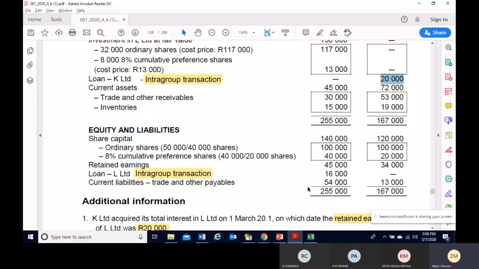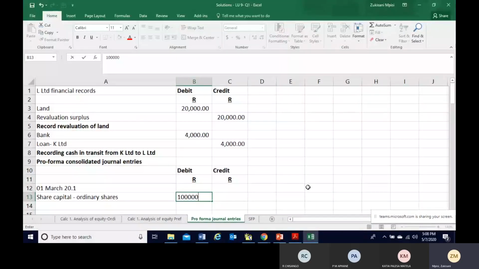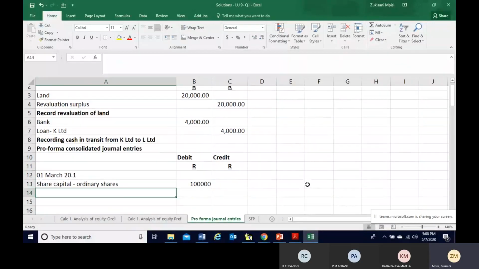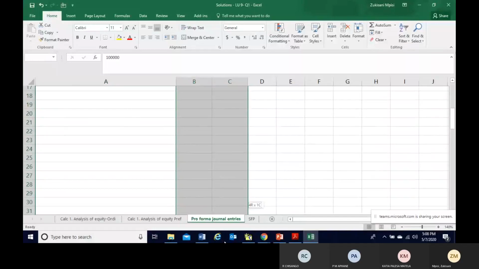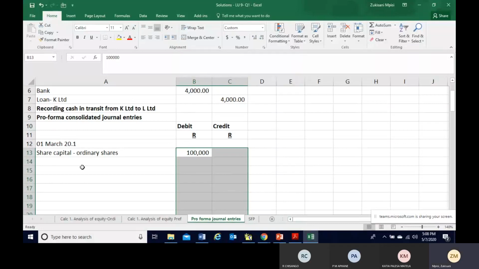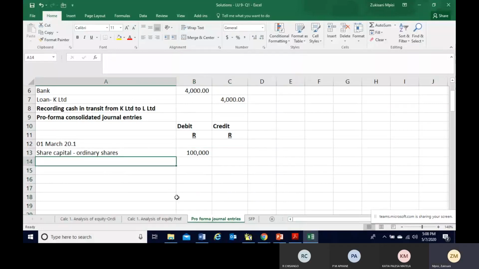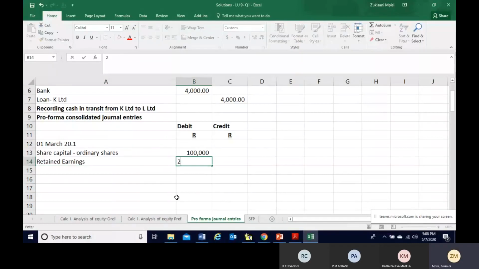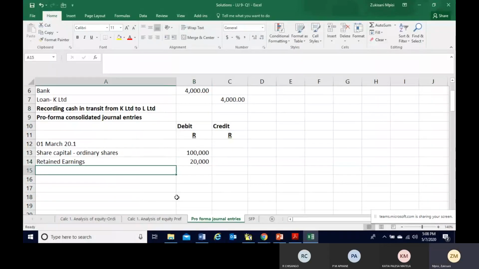It was 100,000. We were told that we had retained earnings of 20,000. We also had a revaluation surplus of 20,000.